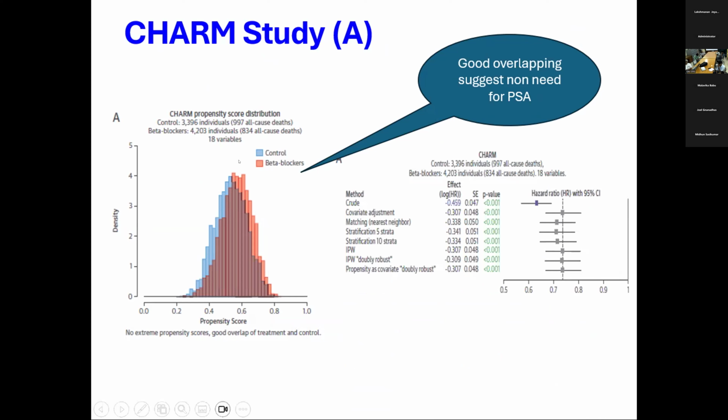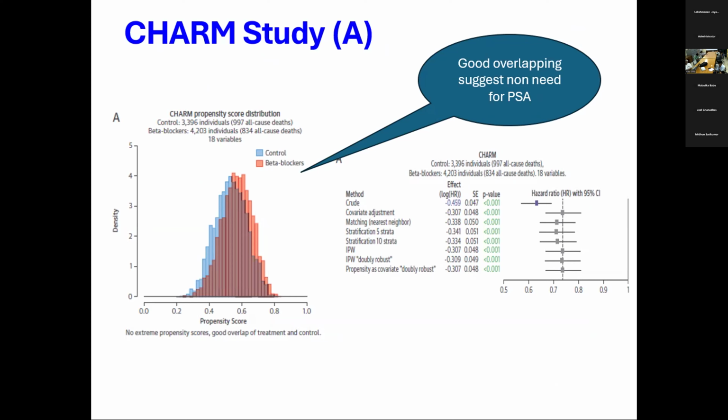If you look at this analysis, the crude analysis suggested that there is a good amount of protection, about say 40%. After adjusting, most of the analyses suggested that there's no difference between the two interventions.